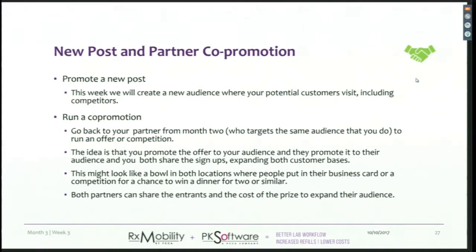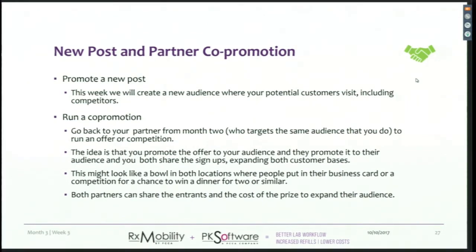Again, you have your partner that we had earlier in the campaign. Promote a new post, create a new audience for your potential customers' visits, including competitors, and run a co-promotion with your actual partner. Go back to the partner from month 2, and run an offer or competition. The idea is that you both promote an offer to your audience and they promote it to their audience, and you expand the sign-ups together.